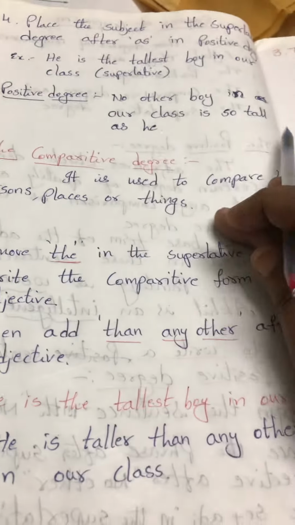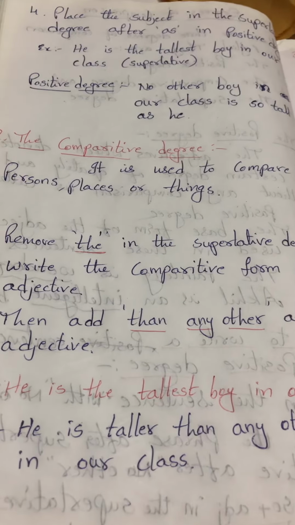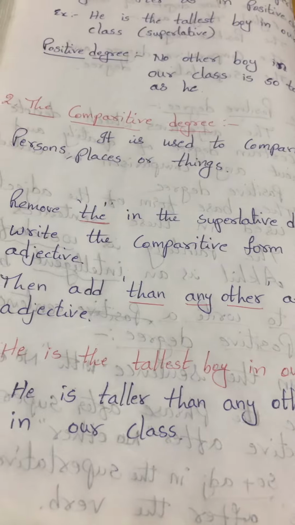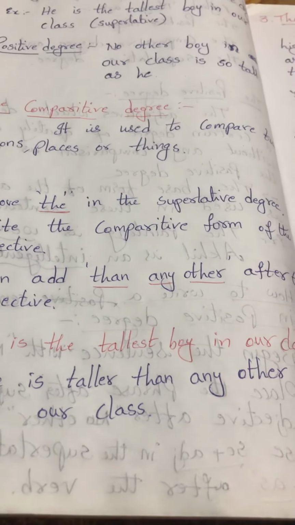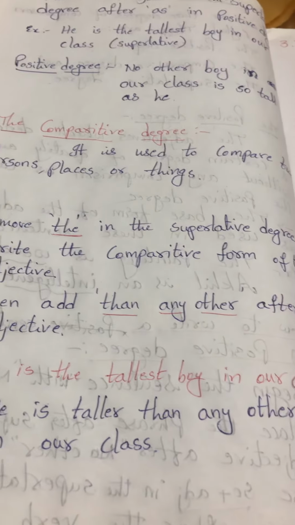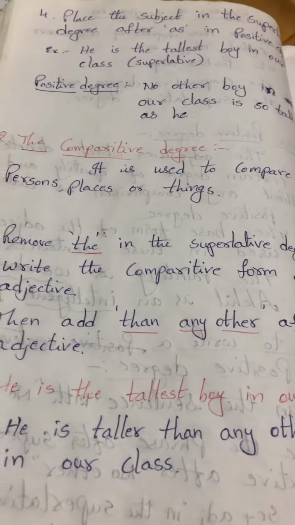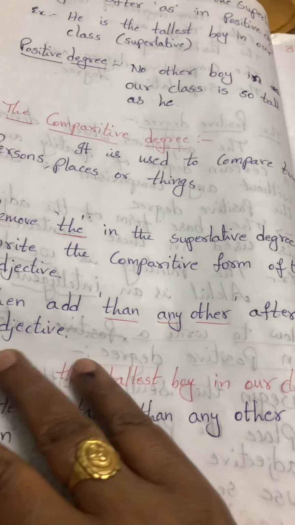So understand, students, first we start with no other. Next comes the adjective in superlative degree. Before the adjective we have to use so, and the adjective comes. Later the subject in the superlative degree will be coming after as in positive degree.